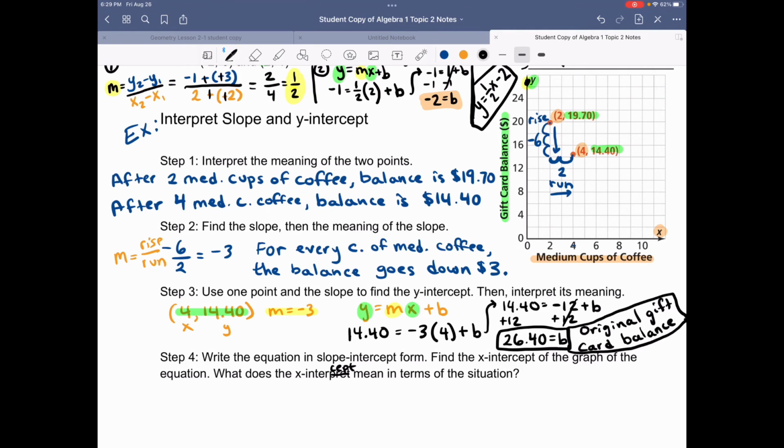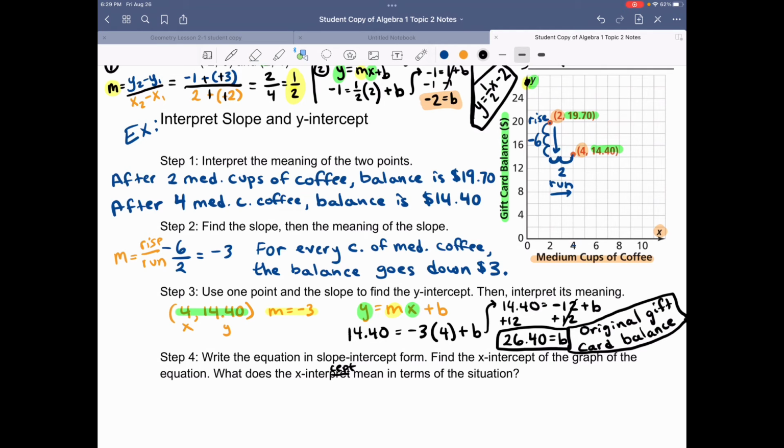So the x-intercept is going to be when this graph, I'm going to just draw the line right now. I'm going to try to draw a line. Hold on. I don't think that's where it's at, but around there. Oh, it's going to let me draw it again. Hold on.